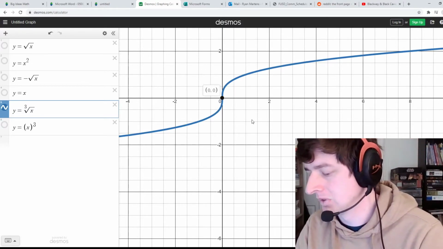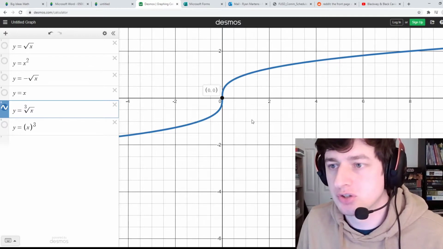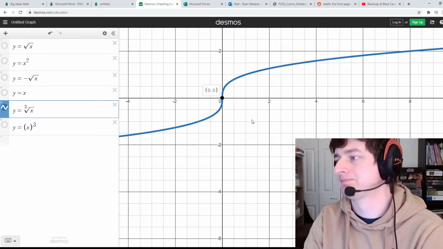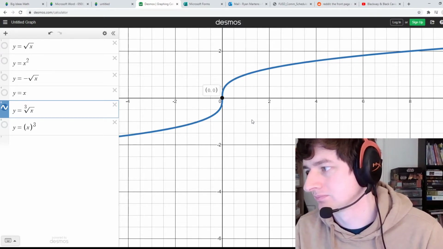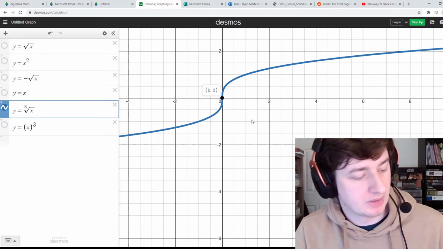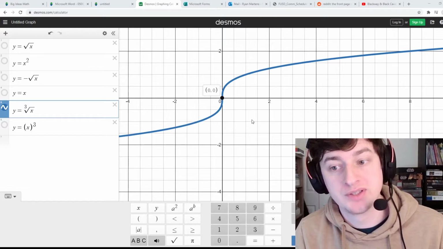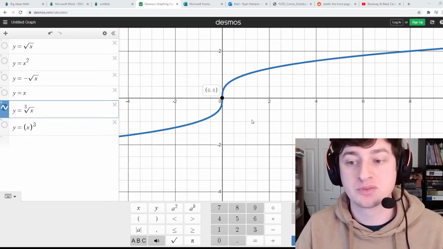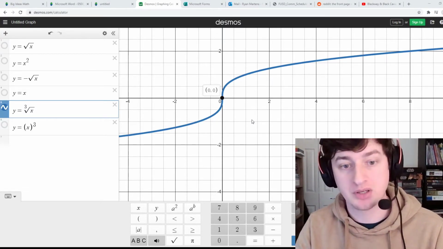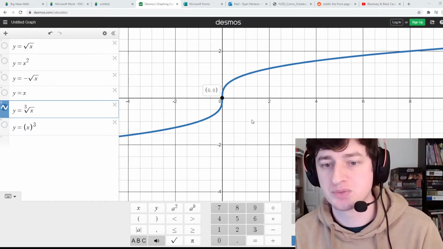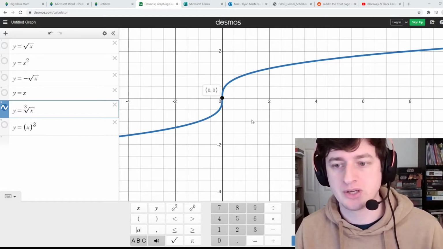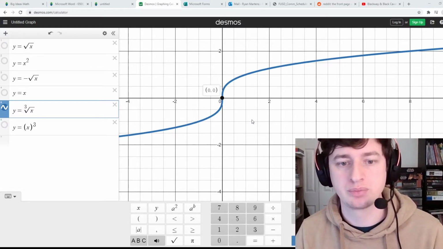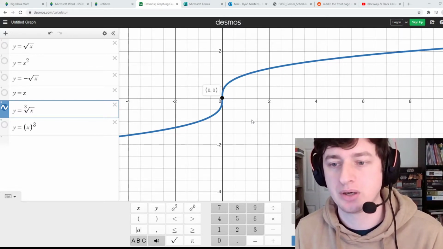Now the domain and range for the cube root function is really easy. What are all the possible x values? Can I put in negatives and positives? Does it start at a specific point? No, it's anywhere. What about the range? If I can put in any x value, can I get any y value out?